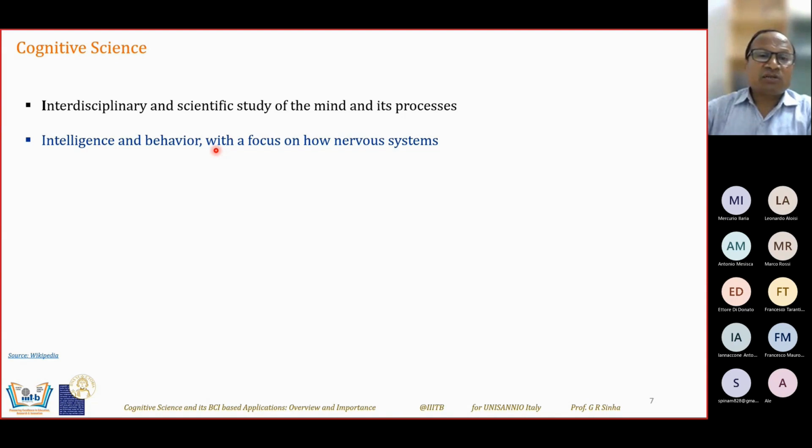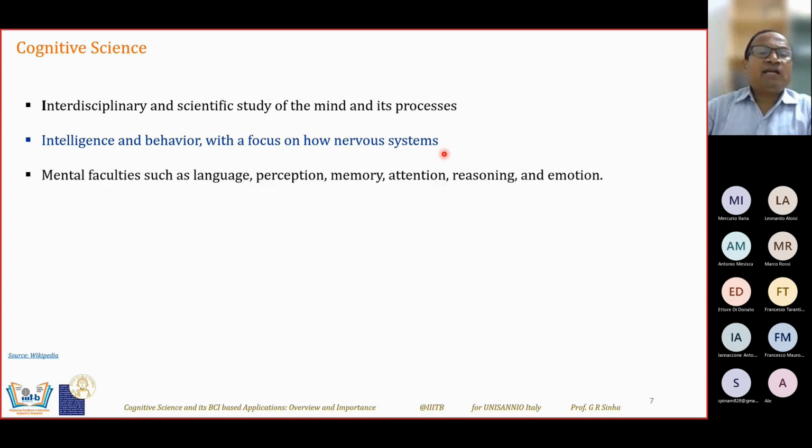We try to study with a focus on how our nervous system works. Then the mental faculties included under cognitive science are language, perception, memory, attention, reasoning, emotion, etc.